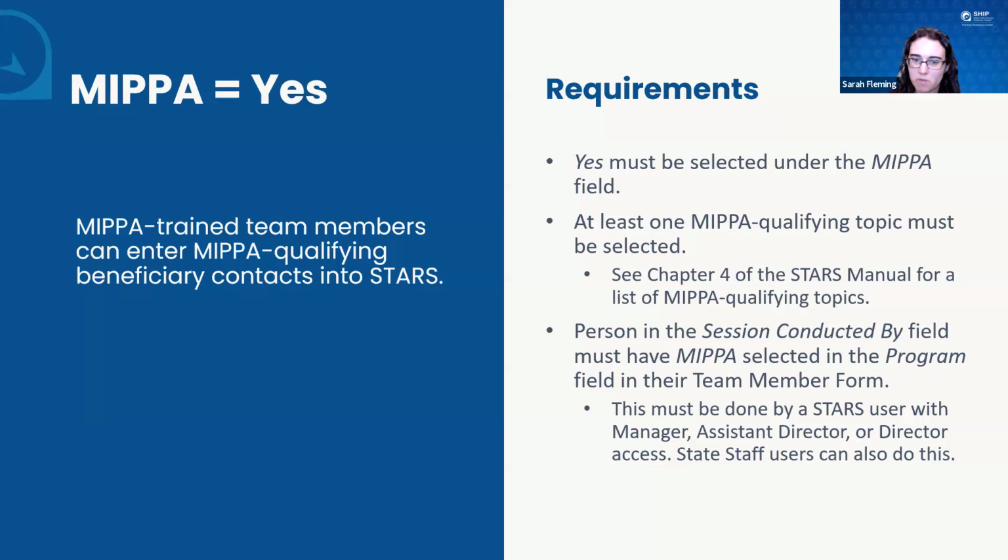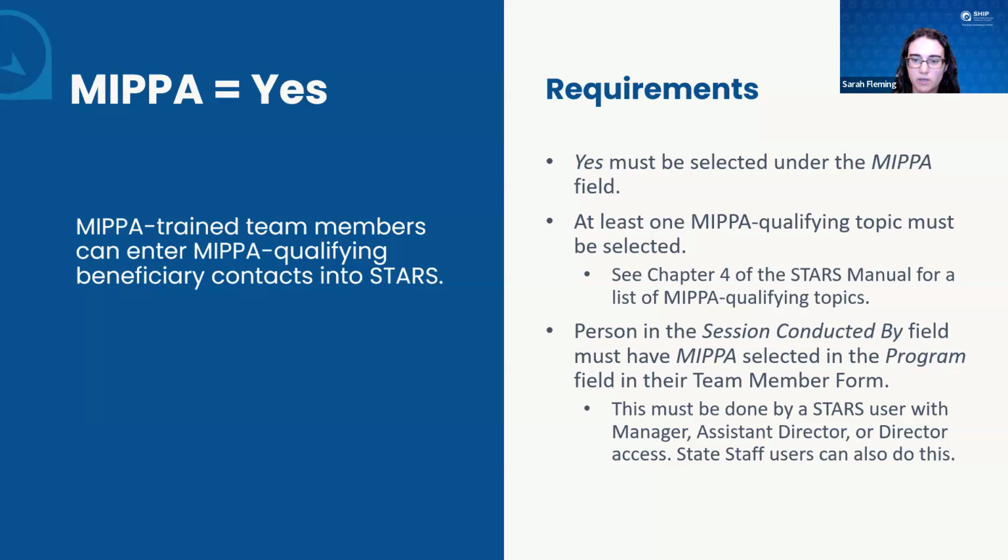So in a nutshell, MIPA trained team members are the ones who can enter MIPA qualifying beneficiary contacts into STARS. There are certain requirements that need to be met for the contact to save correctly. If not, there will be an error. So these are the requirements. Yes must be selected under the MIPA field, as you'd imagine.